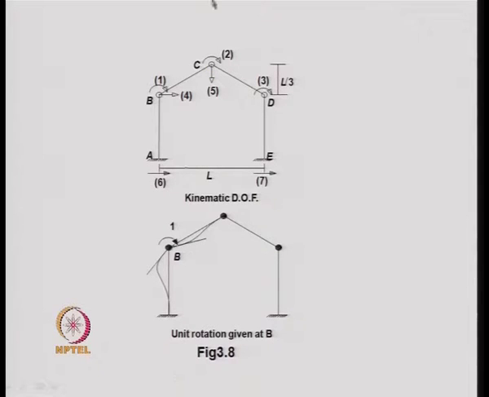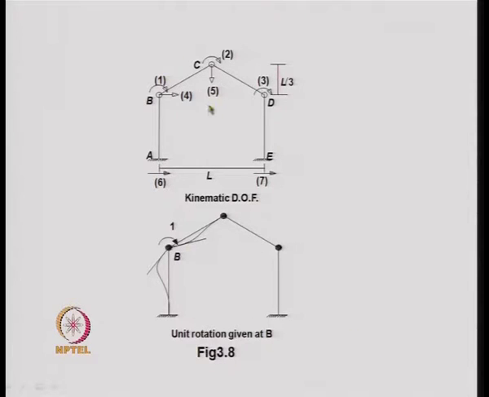In addition to that, we have 2 support degrees of freedom, that is 6 and 7. So, first we write down the stiffness matrix for the entire thing, that is for all the 7 degrees of freedom.